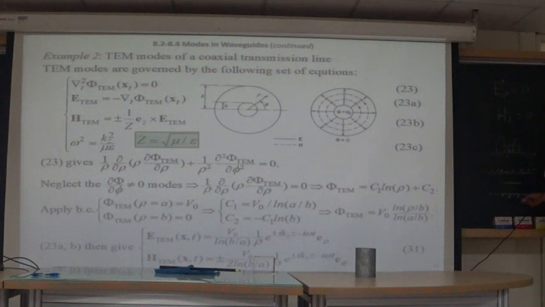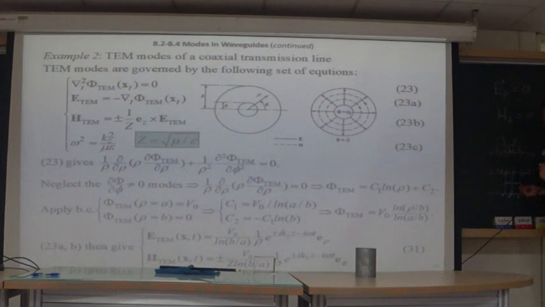Another one is the strip line. Conductor 1, conductor 2, and we have ground, so just one conductor, and conductor 2. You can see here something like this, and dielectric here.